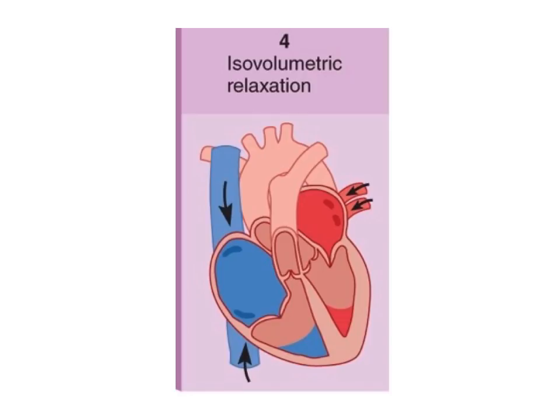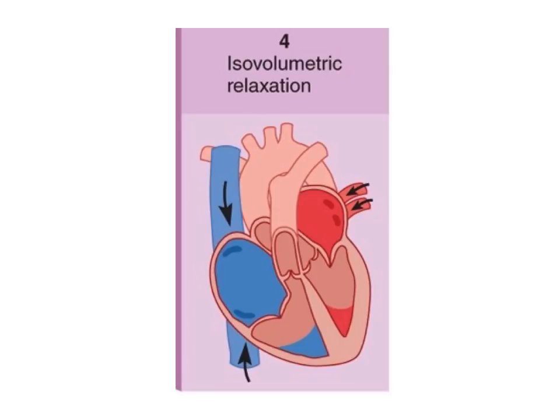And what's going to happen is that the ventricular pressure is going to drop below your vessel pressure. So your blood vessels are going to become the source of high pressure. Your ventricles now comparatively are a source of lower pressure.